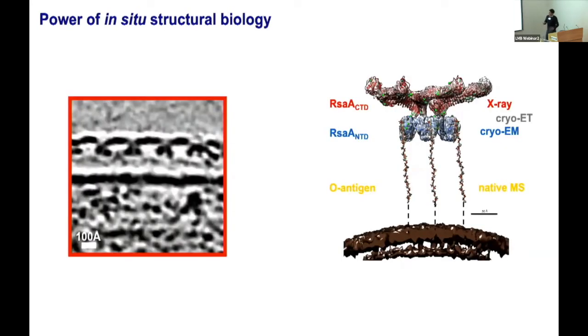This shows the power of in situ structural biology, where we can go from pictures like these to an atomic structure and understand how a molecule is arranged inside a cell, or on the surface of a cell in this case.